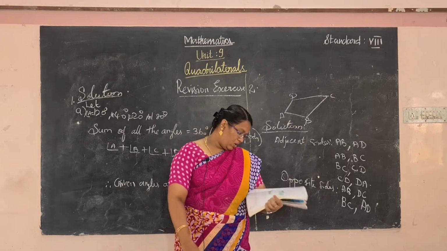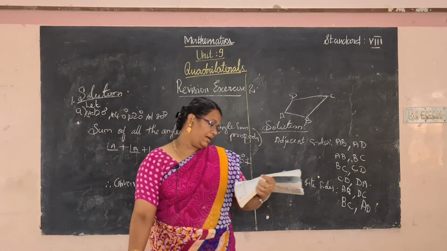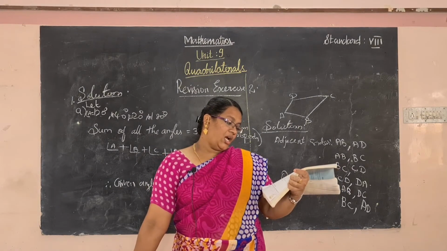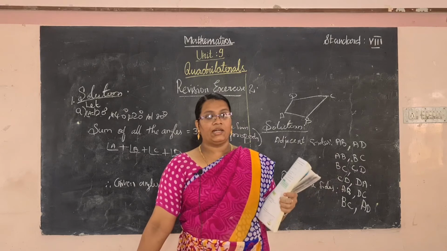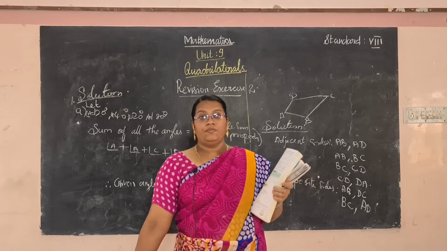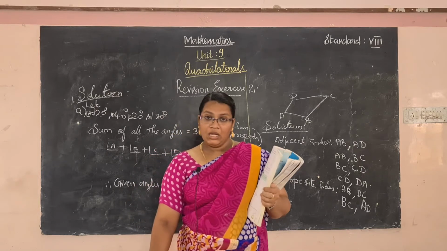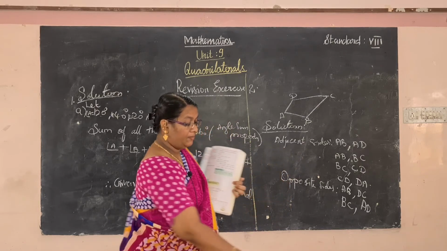Okay. And next one, 3 angles of the quadrilateral are 105, 35 degree and 70 degree. Find the fourth angle. We use the angle sum property of quadrilateral. We have to find out the remaining angle.